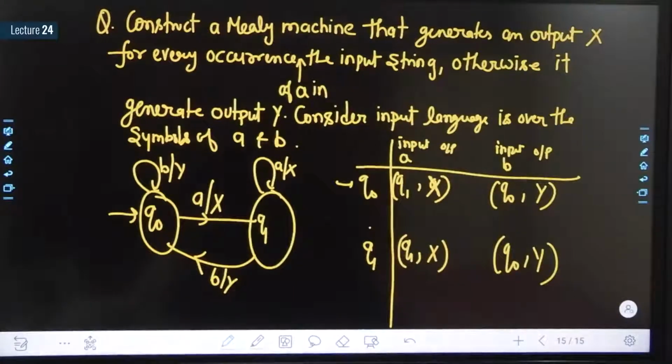This is the transition table for Mealy machine. Is it clear to you? Okay, next question.